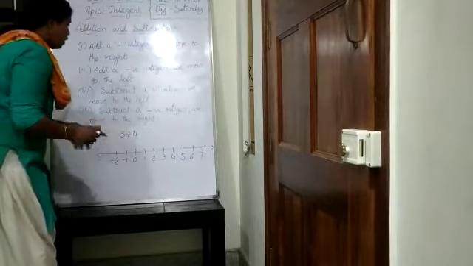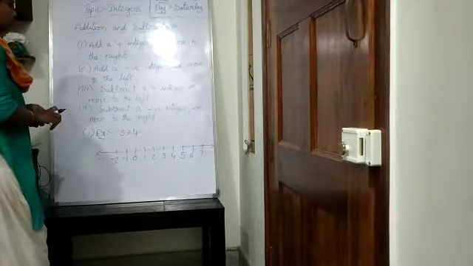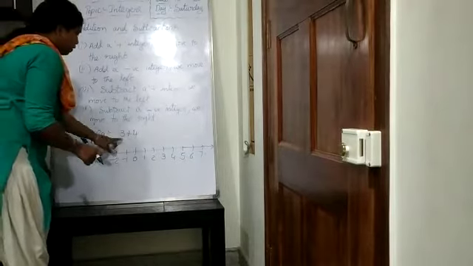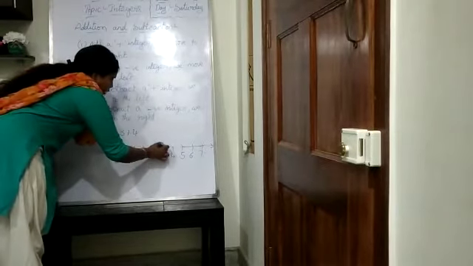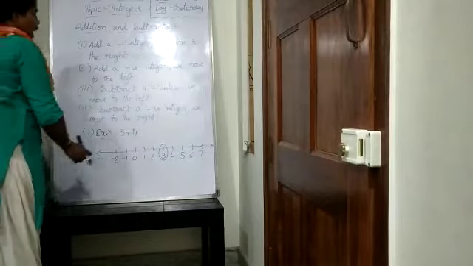Using the number line, how will we add? The first number is 3. For that, we have to add 4.